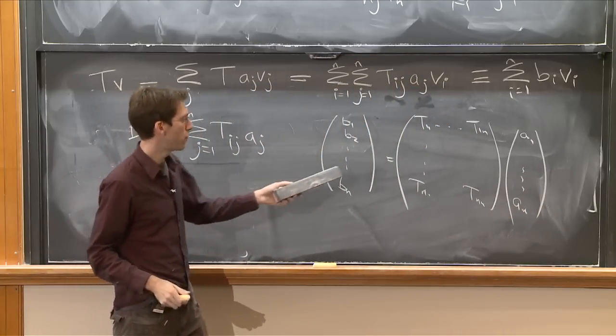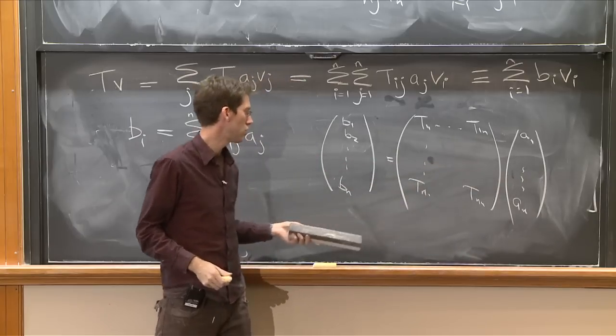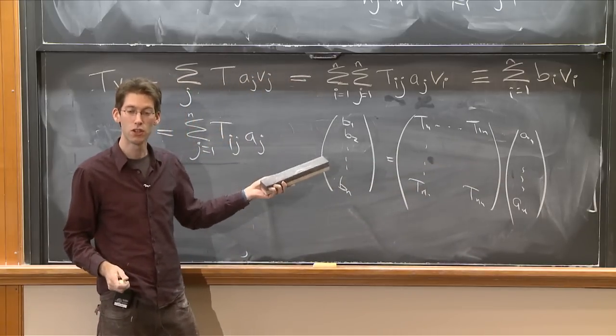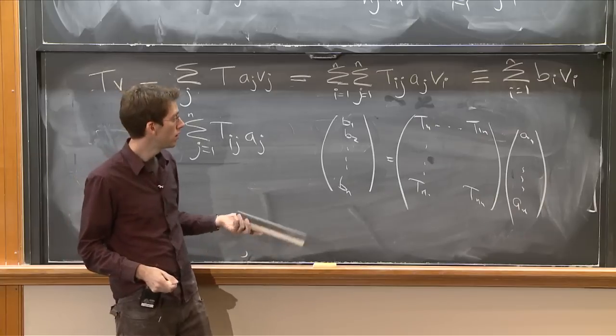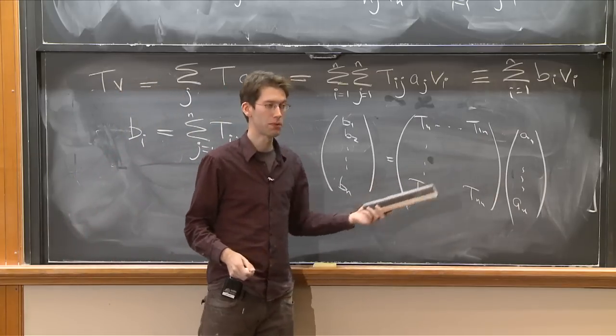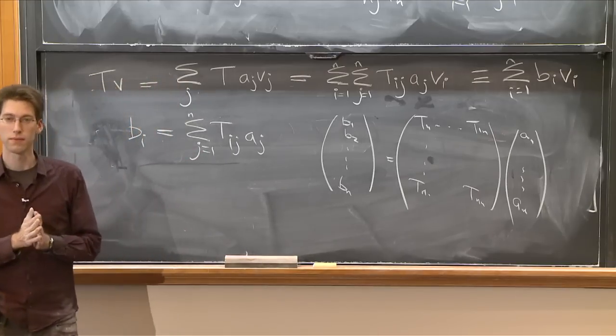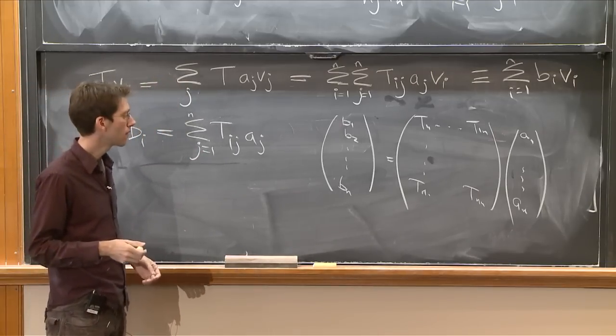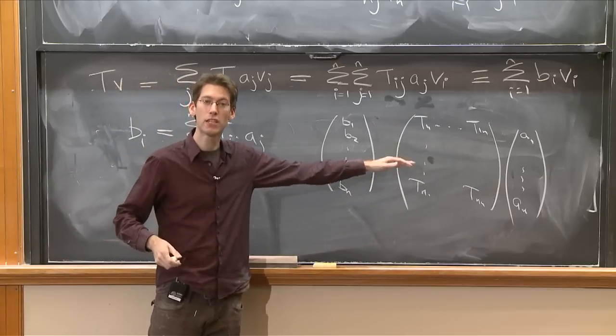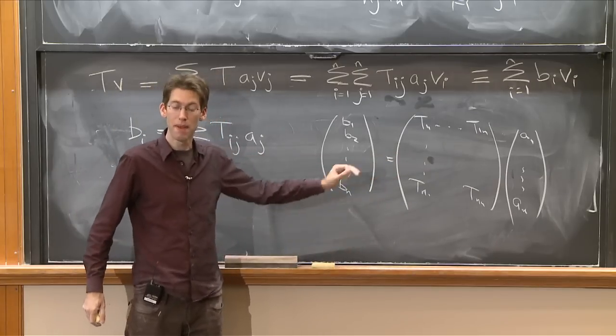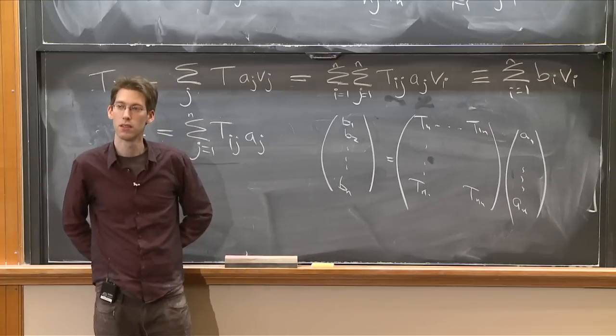So this is now the familiar matrix vector multiplication, and it says that the b vector is obtained from the a vector by multiplying it by the matrix of these T_ij. And so this T is the matrix form of the operator T.